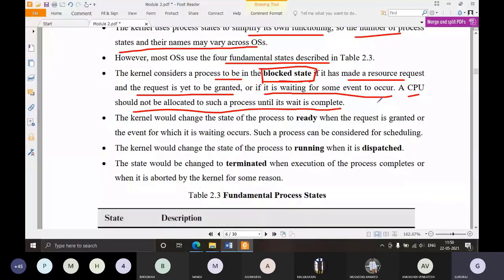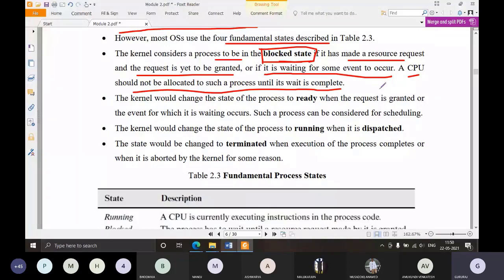So even though you give the CPU to it, it will be kept idle. It cannot use it because it is waiting for something to happen. So a process in blocked state should not be given the CPU, just for the reason that even though you give it, it will not be able to make use of it.